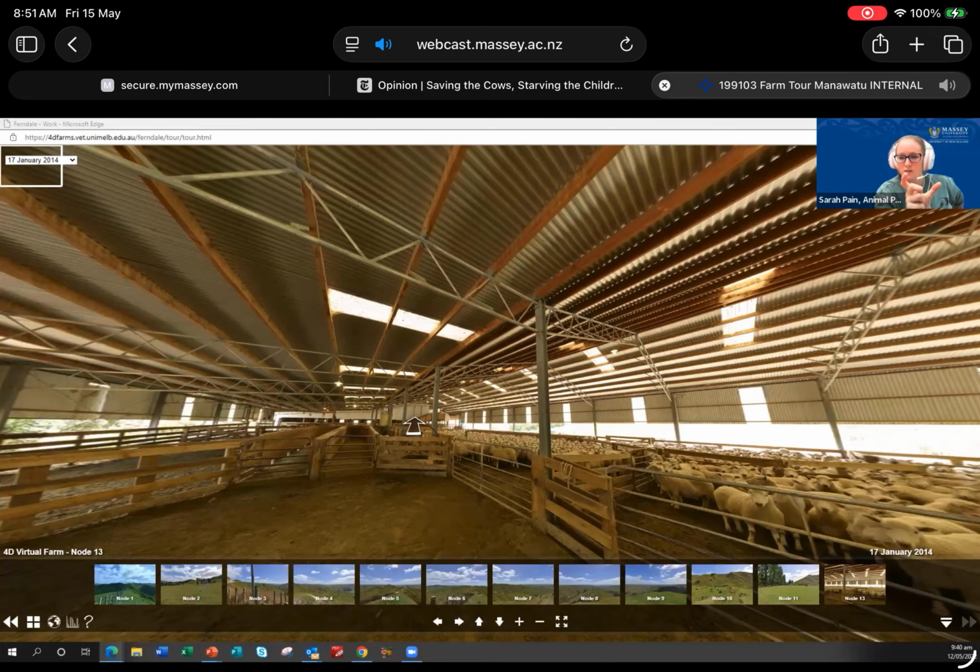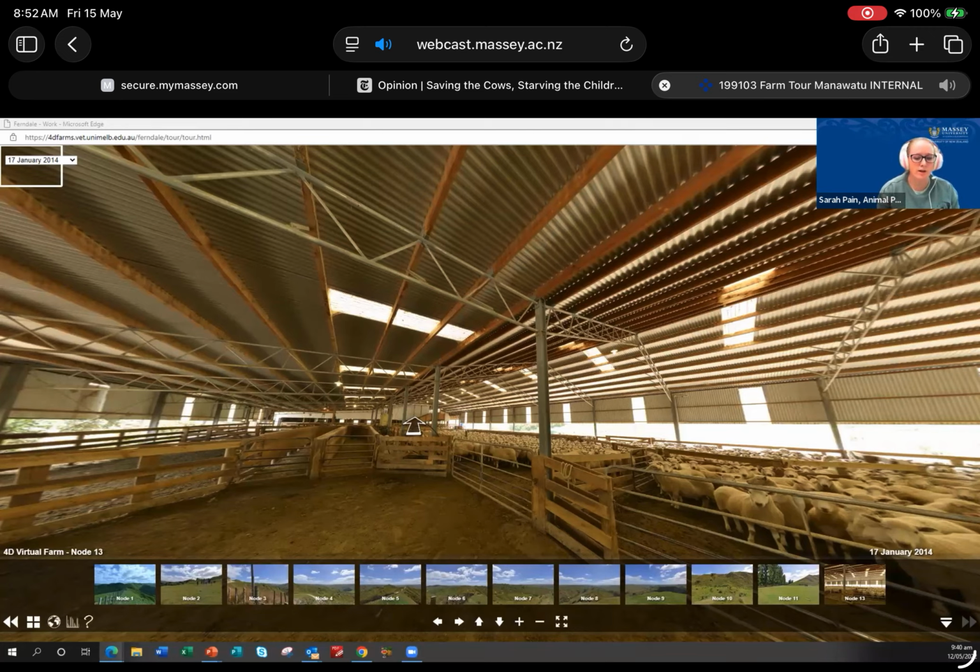So managing the nutrition of your pregnant ewes over winter is a delicate thing, because her nutrient demands are increasing, and you can affect the way that the placenta grows and the way that the fetus grows depending on how you feed the mother. And depending on how the fetus grows is going to determine whether your lambs are thriving when they're born.